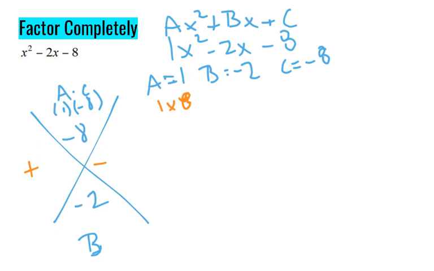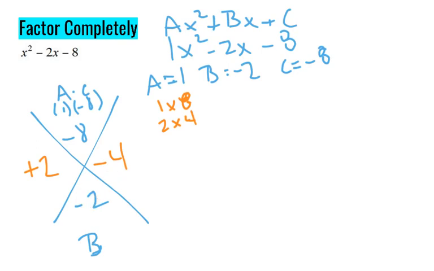So my other choice would be 2 times 4. If I use 2 and 4 to get to -8, can I put a negative on one of those so that when I add them together I get -2? And I can, right? If I have a -4 and a +2, when I add these together I get -2.